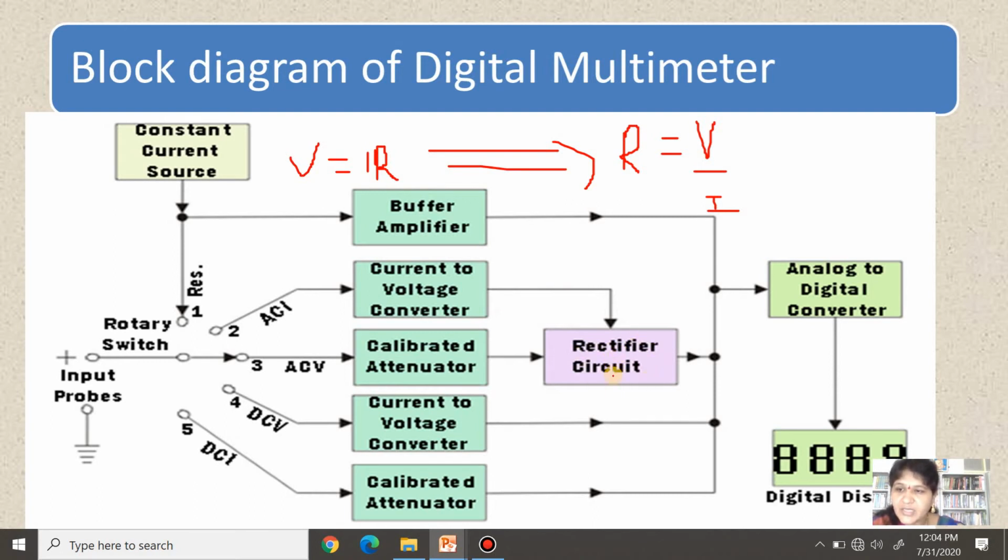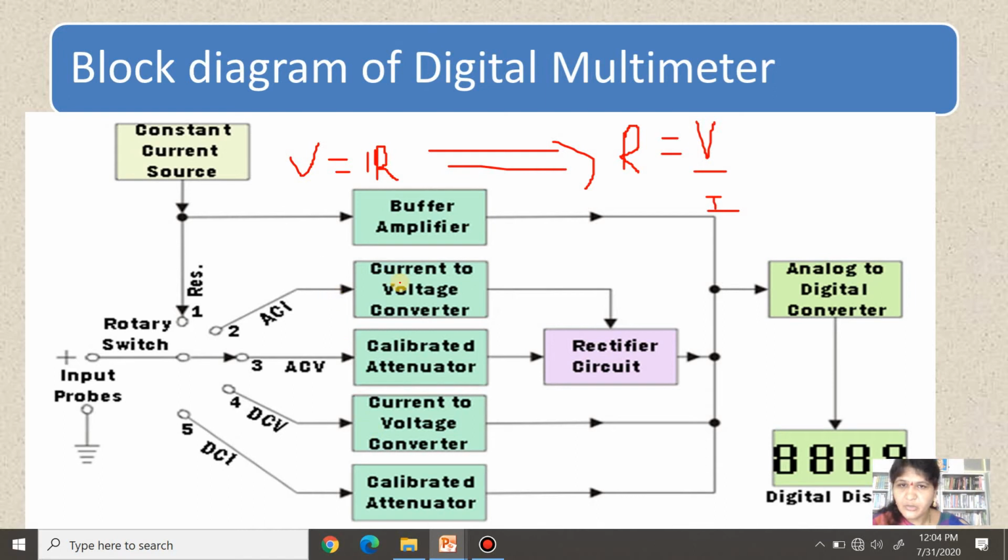We also have the current to voltage converter, because the current is flowing in the circuit and we are measuring the AC current.